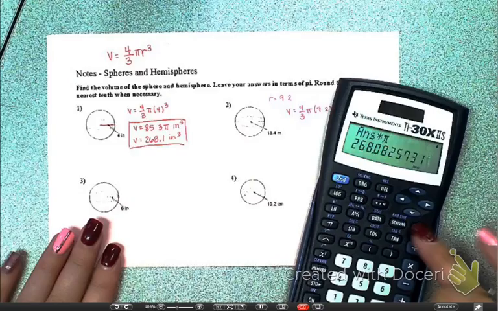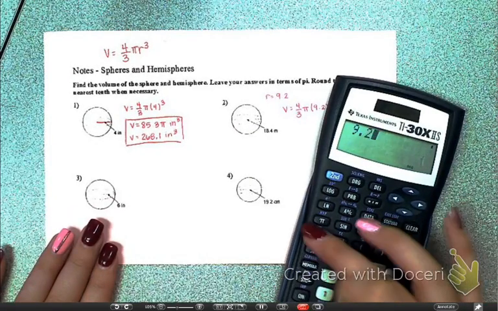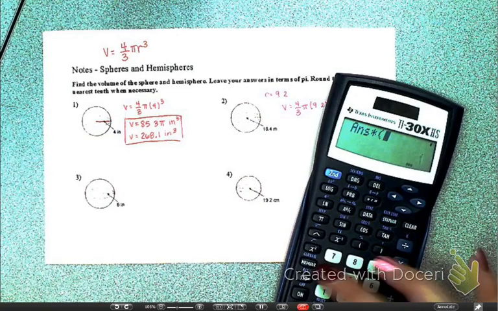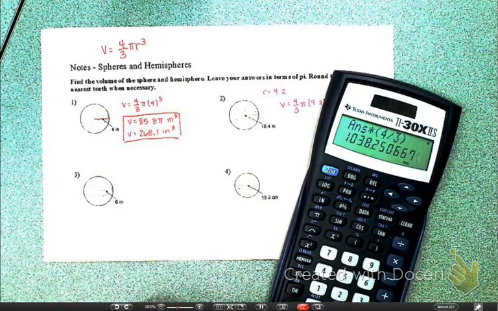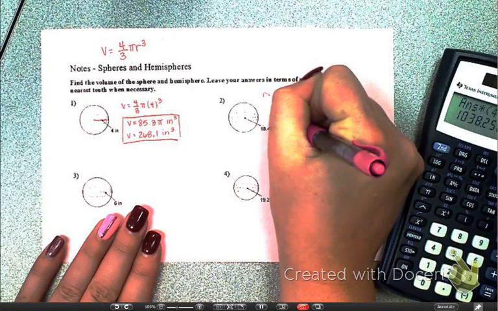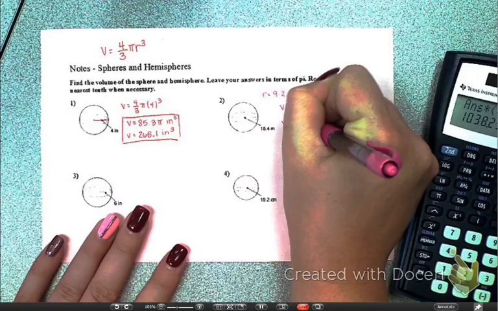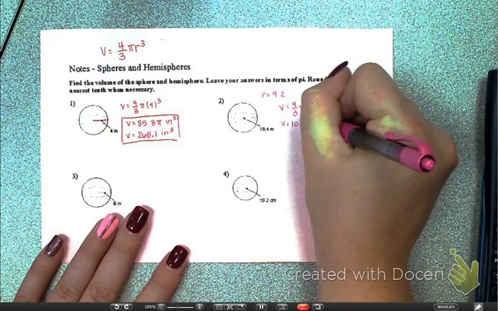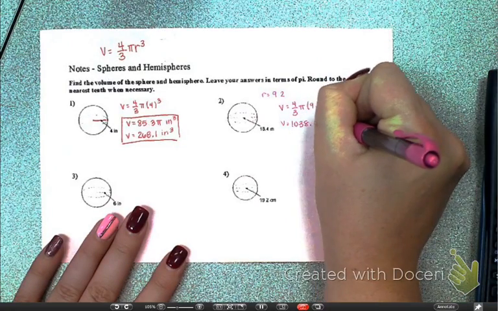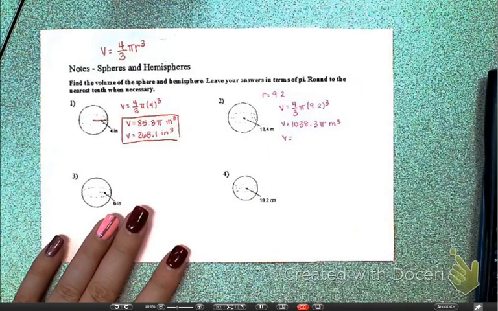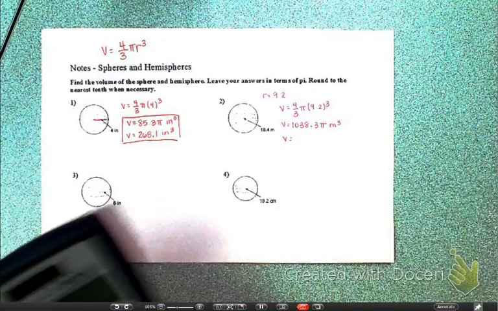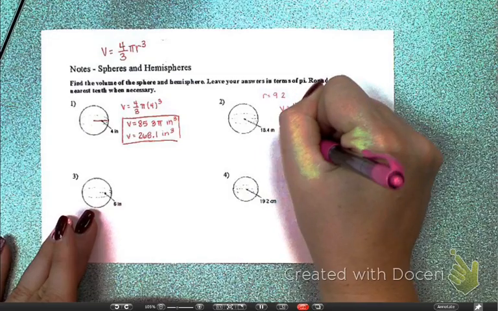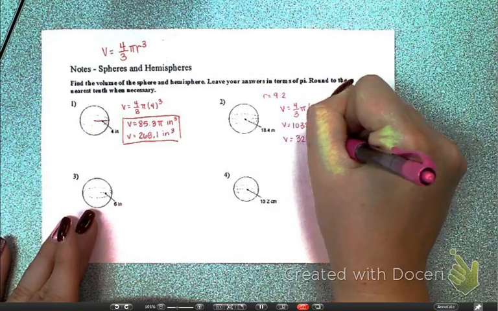So in your calculator, 9.2 to the 3rd power, times 4/3 is 1,038.3 pi meters cubed, and then rounded to the nearest tenth gives you 3,261.8 meters cubed.